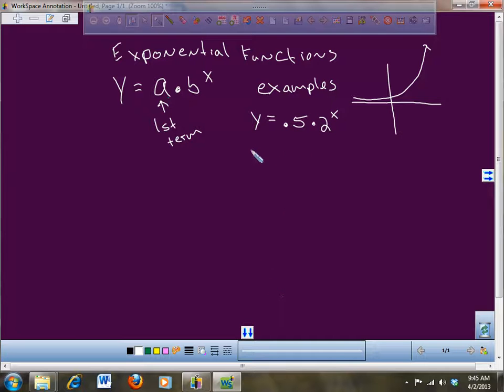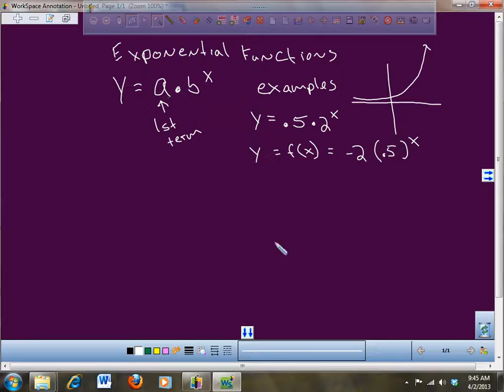Or some exponential functions look like, instead of y, sometimes they call this f of x, right? Which implies you're plugging in for x, equals negative 2 times 0.5 to the x.